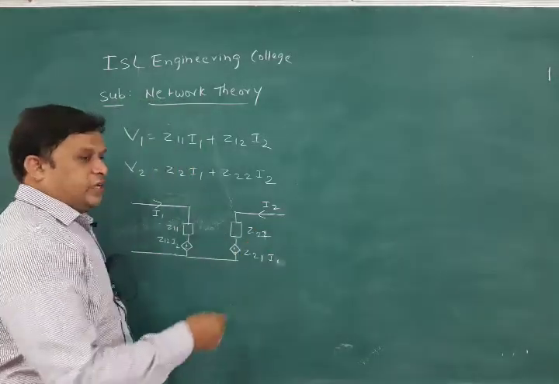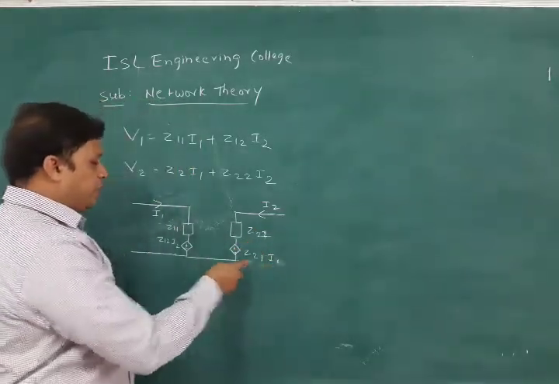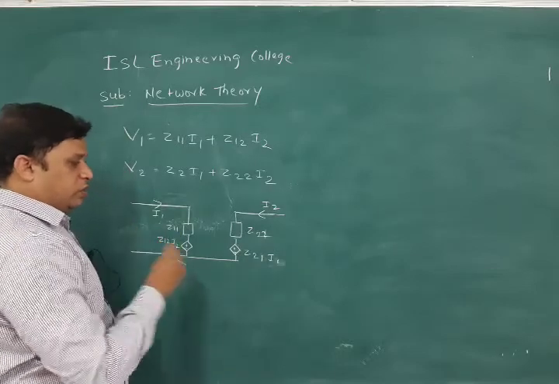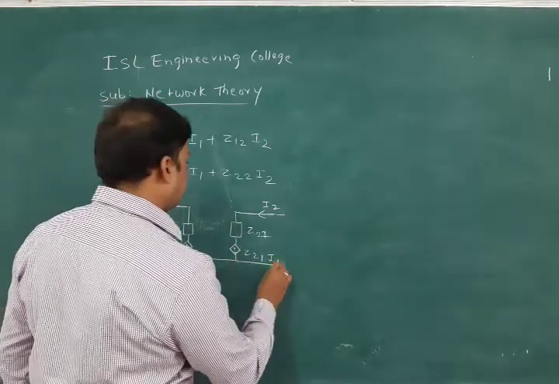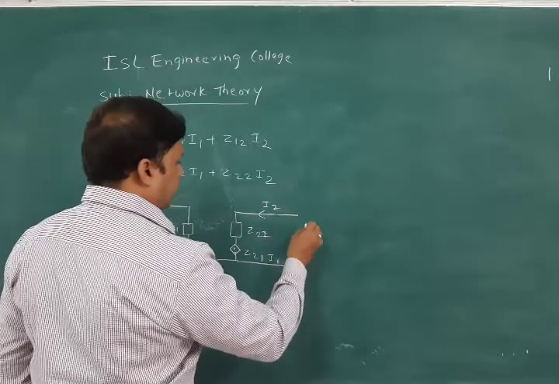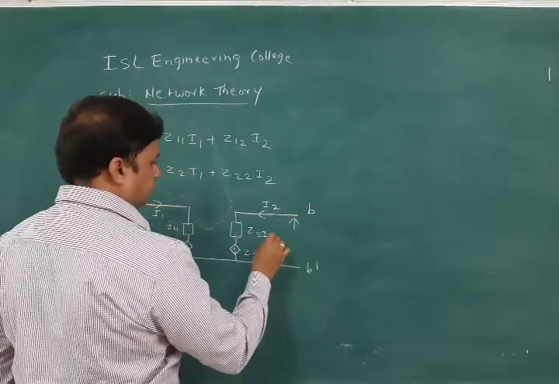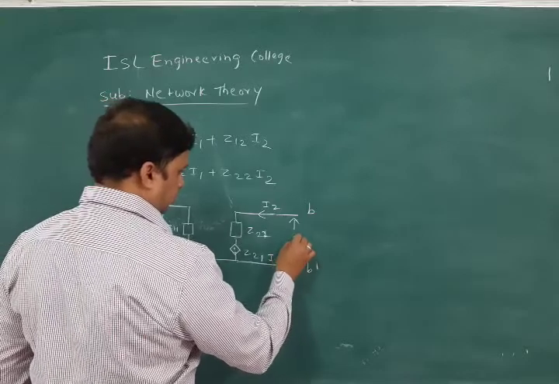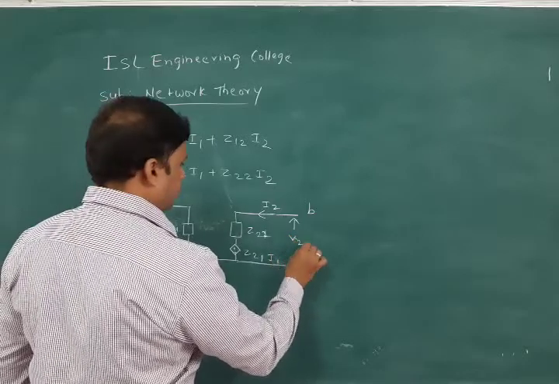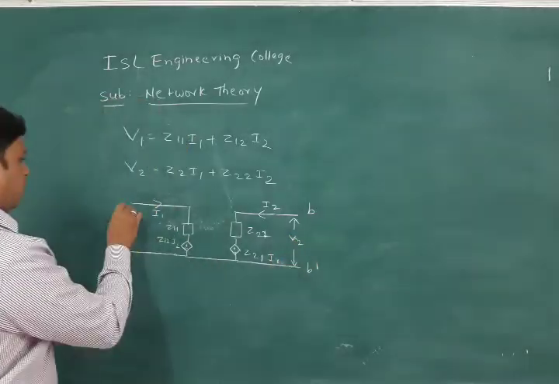Here this is Z22 and here it is Z21 I1, and it is Z11 and Z12 I2. The same way B dash, and this is your V2 and here it is your V1.